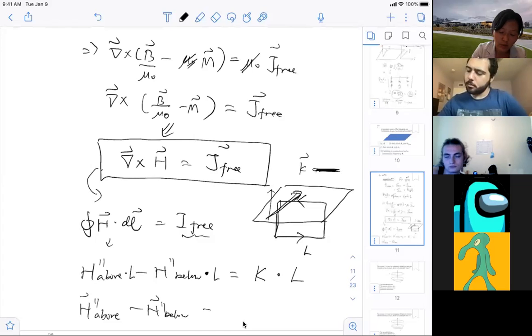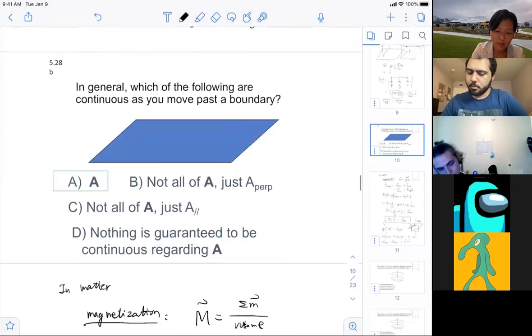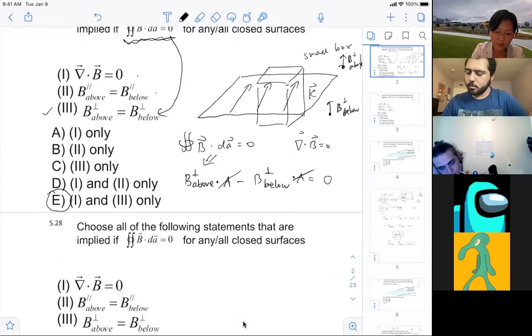So we can also rewrite this K cross N hat, or you just use the magnitude of K. That is also fine. All right, so we even have space to go back to our list and put everything in there on the same page.